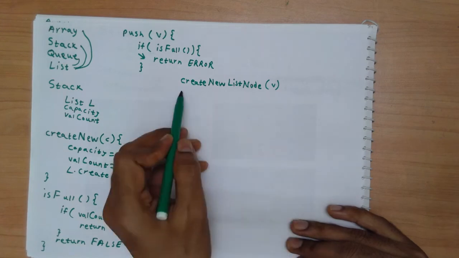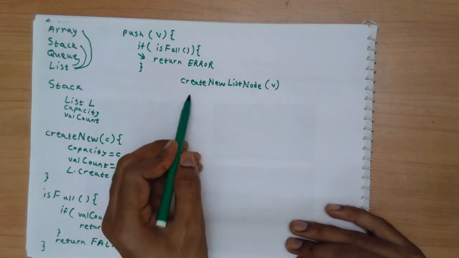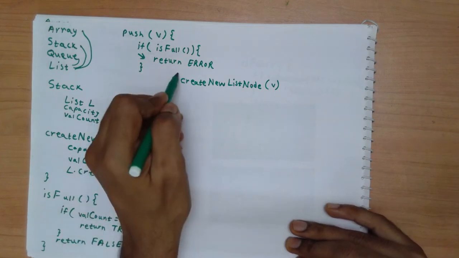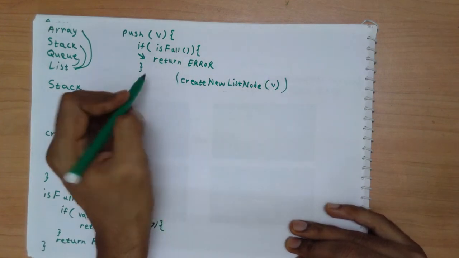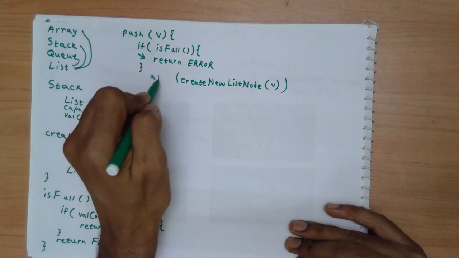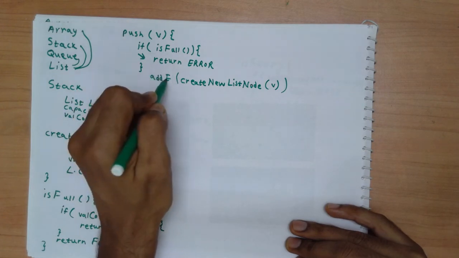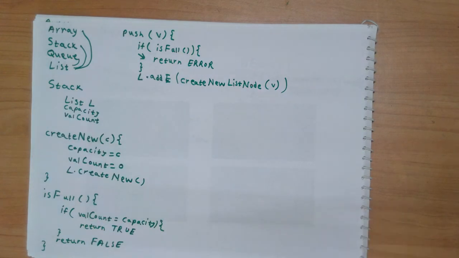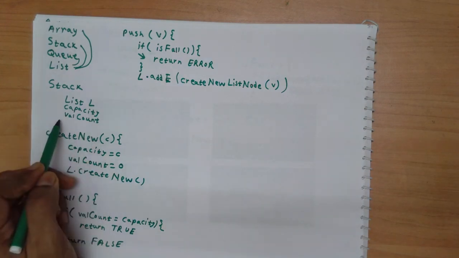Once I create this list node, I'll assume that this function returns me address to the node, okay, and I'll take that node address and I will send it to my list for adding at the end, l dot add at the end, and then I need to update my val count.